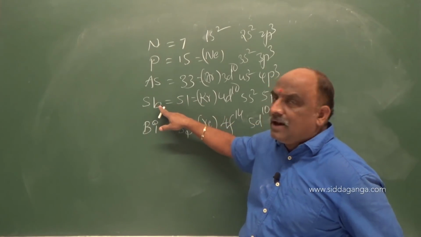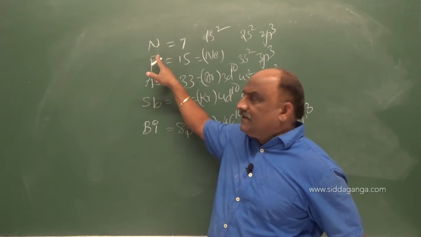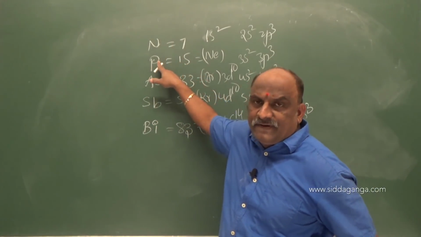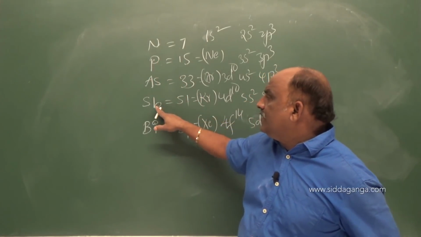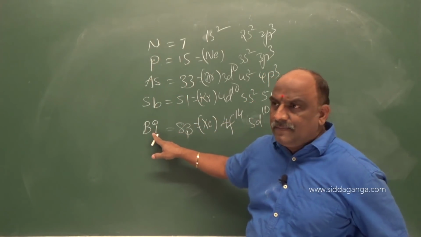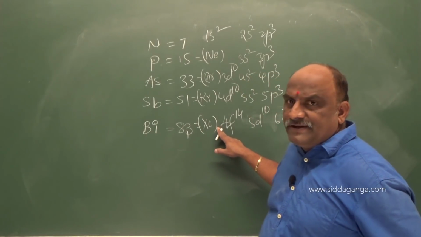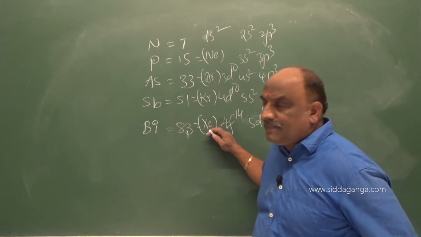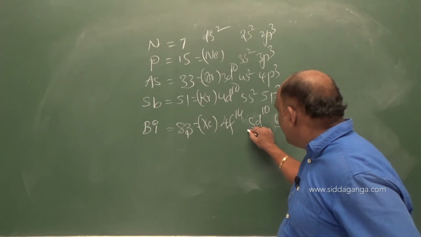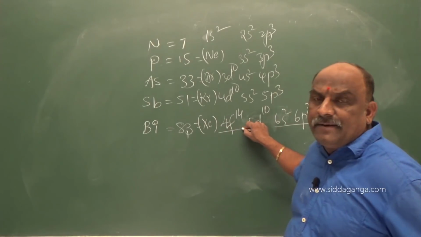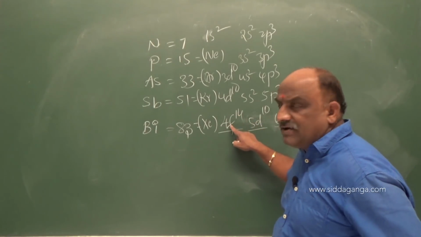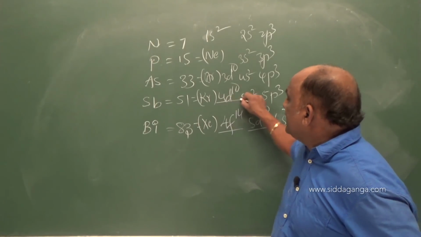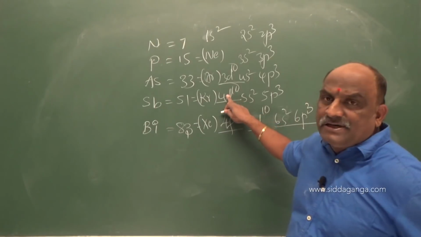Observe the bismuth configuration: this is the ultimate shell, this is the penultimate, and this is the anti-penultimate shell. The anti-penultimate shell has f electrons, the penultimate shell has d electrons, while in the remaining elements only the penultimate shell has d electrons.